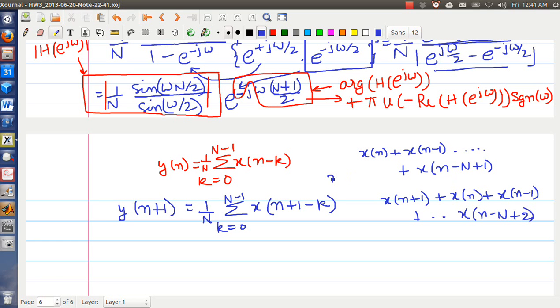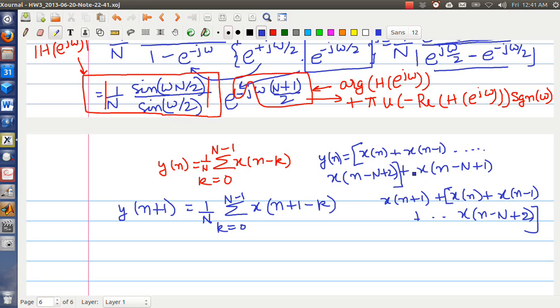That's actually the term before this one. If you plug in n minus 2 for k, you get x of n minus n plus 2. So what we have here is this portion, and this was our y of n.